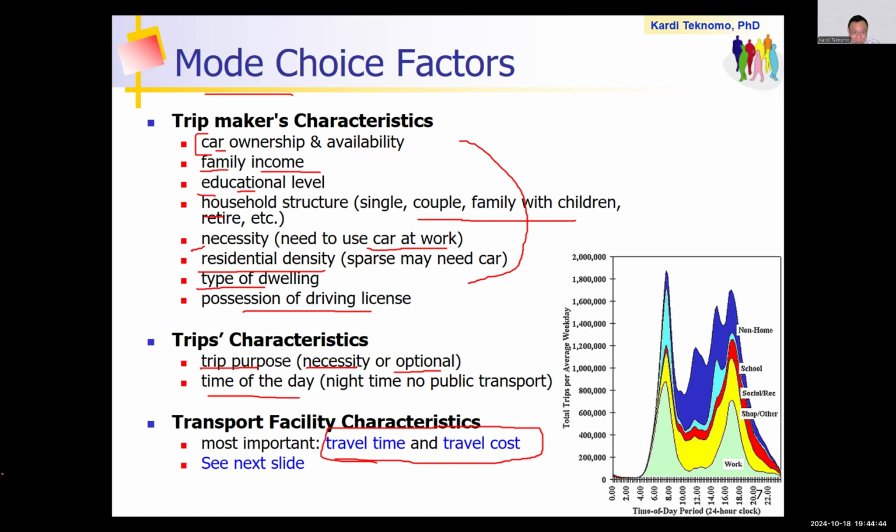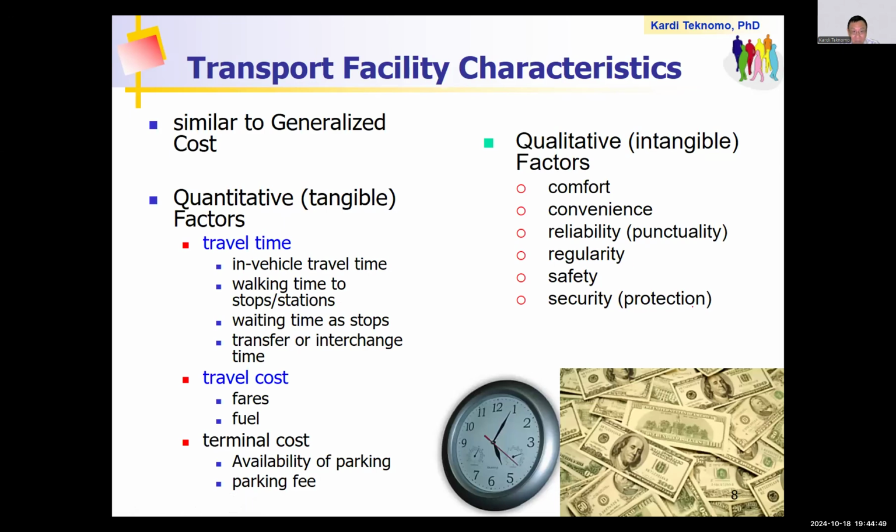Travel time and travel cost is basically generalized cost. In terms of the cost, you can make it more detailed. How much is the fare? How much is the fuel? How much is the in-vehicle travel time?